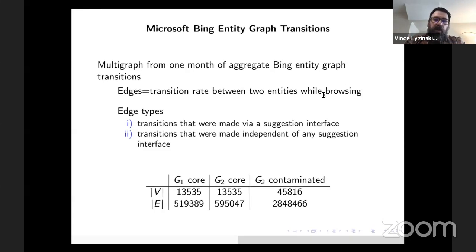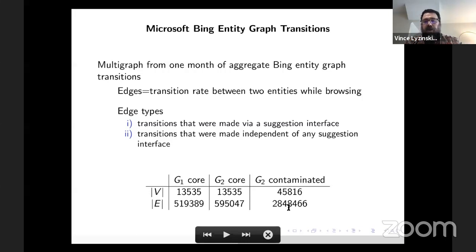Okay. In the first graph, in the core, so these are vertices that appear across both networks, there are about 13,500 vertices. In the second graph, once we add the vertices that don't appear in the first network, we have roughly 45,000 and change, and you can see the number of edges.